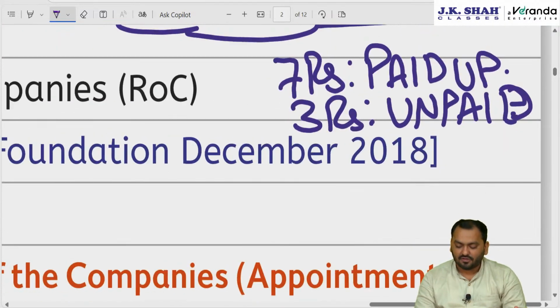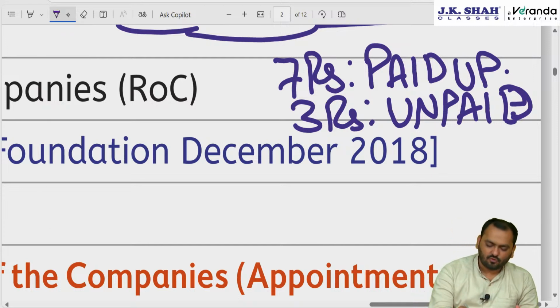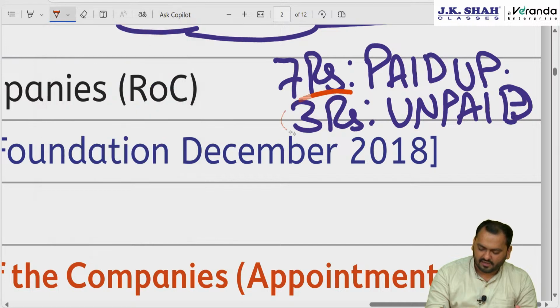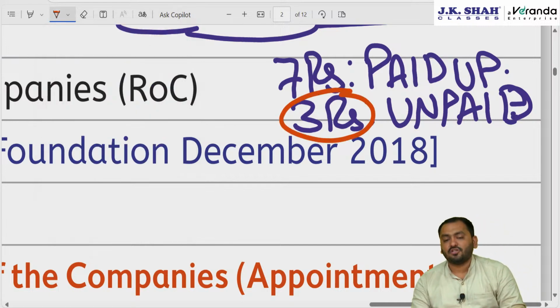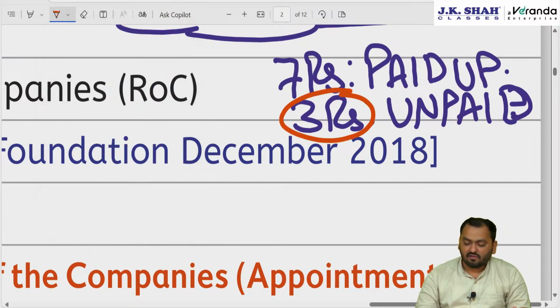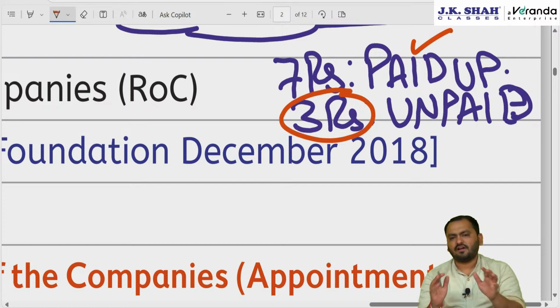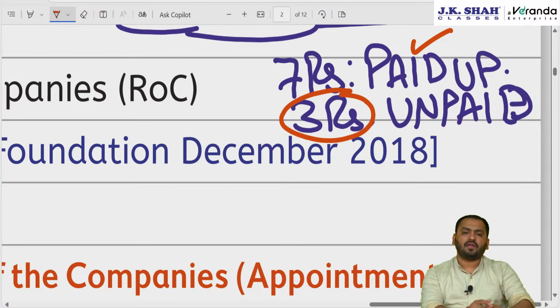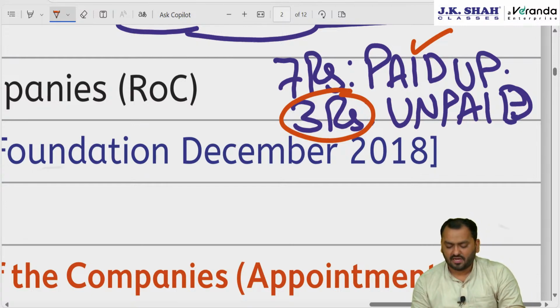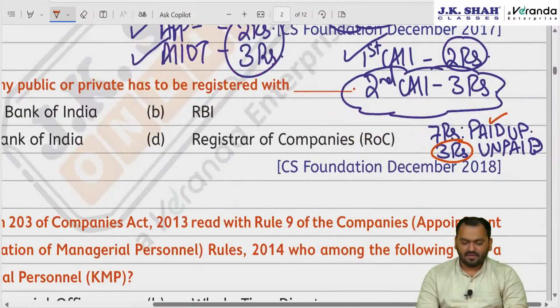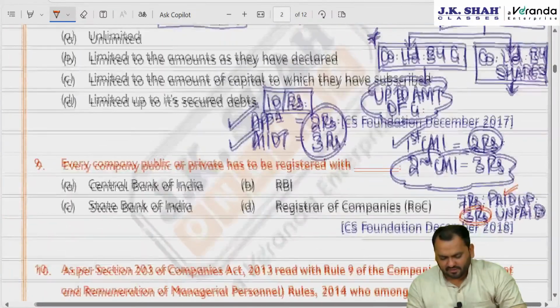The unpaid amount here is 3 rupees. I just have to pay 3 rupees per share, because out of 10, 7 is already paid up. I am liable only to pay the amount of shares I have subscribed for. I hope you are clear.